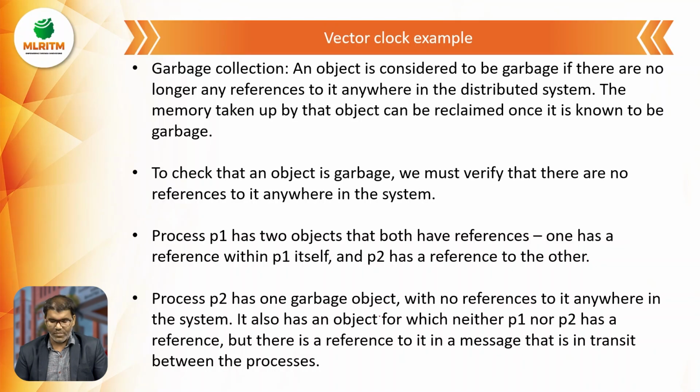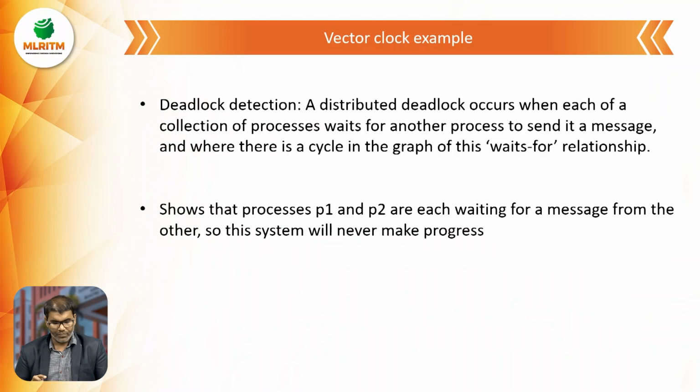Then there is an object for which neither P1 nor P2 has a reference, but it is referred to by a message that is in transit between the two processes. That is also garbage.